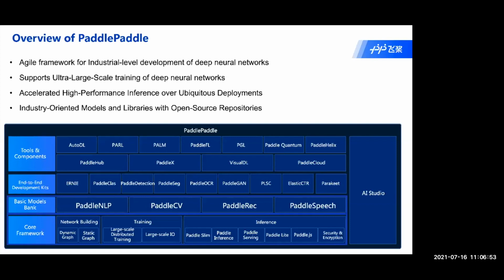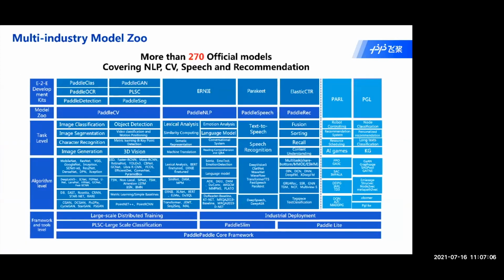We can see in the graph that Paddle projects are organized into 4 parts: the core framework, the basic model bank, the end-to-end development kit, and the development tools. Currently, Paddle supports more than 270 official models covering NLP, CV, speech, and recommendation.